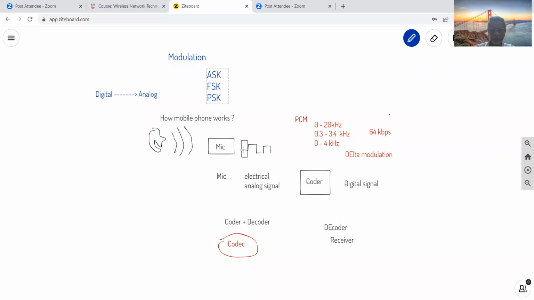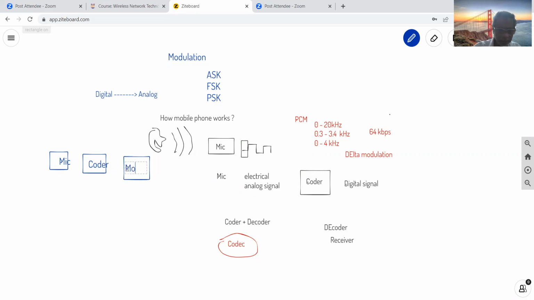Now, you have the microphone, then you have the coder, then you have the modulator.